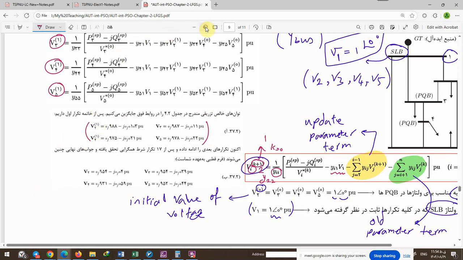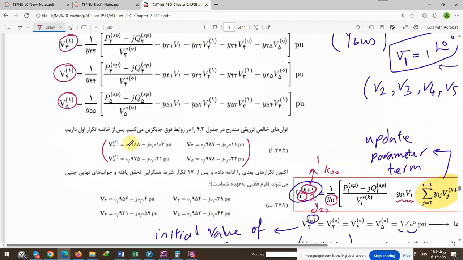V2 first iteration is 0.988 minus j0.0103 for voltage on bus 2 in first iteration, also iteration 1 in bus 3, iteration 1 in bus 4 and iteration 1 in bus 5.